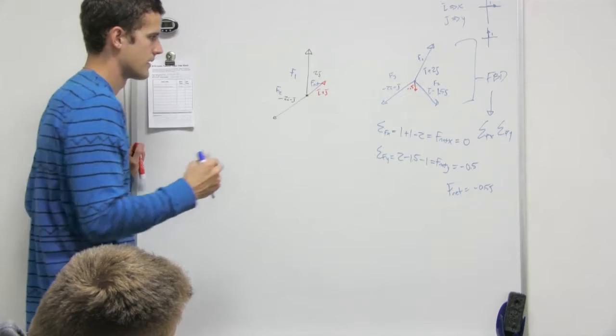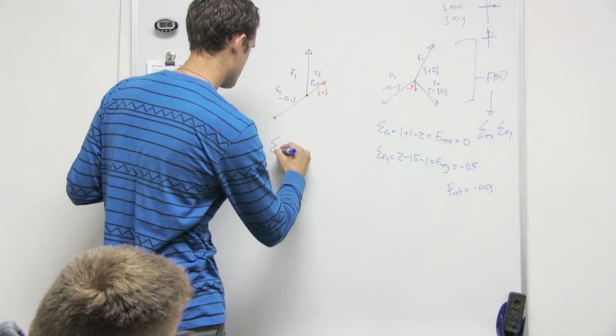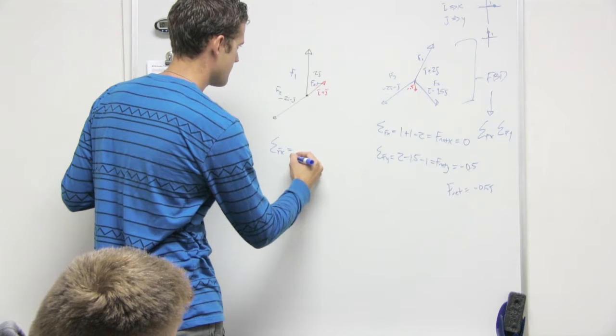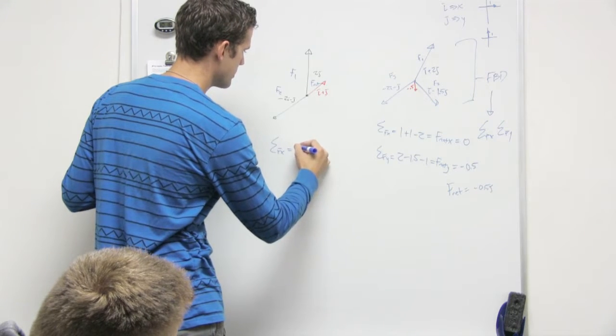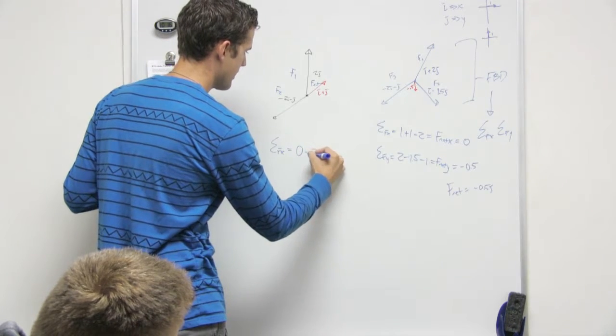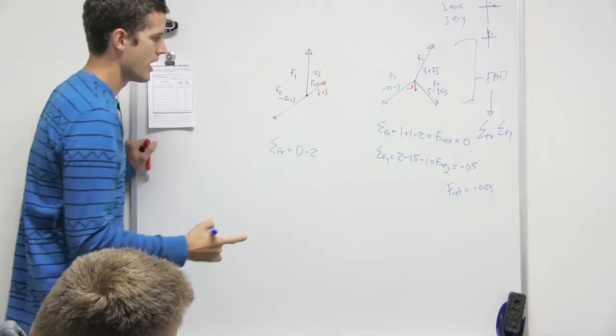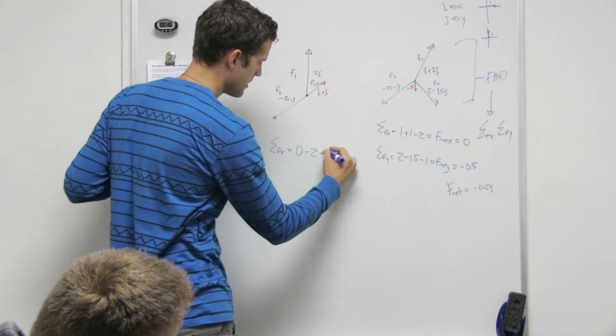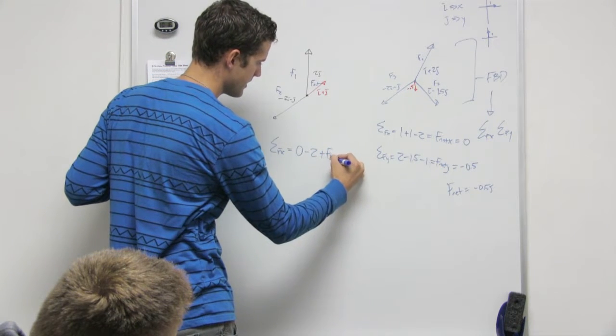So you add force 1, force 2, and then minus that. Yeah, that works. So your x component is 0 for force 1, minus 2, plus f3x.